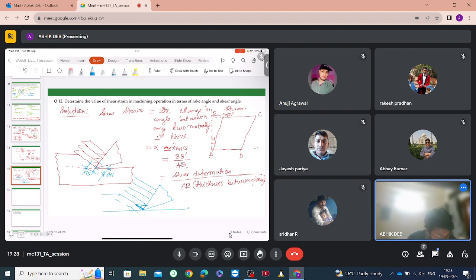Say the planes without shear would have moved like this. Without shear, these planes would have been like this, like this, like this, and would have moved like this if there is no shear. Now because of the shear, this point will move to a point here because of the shear force.